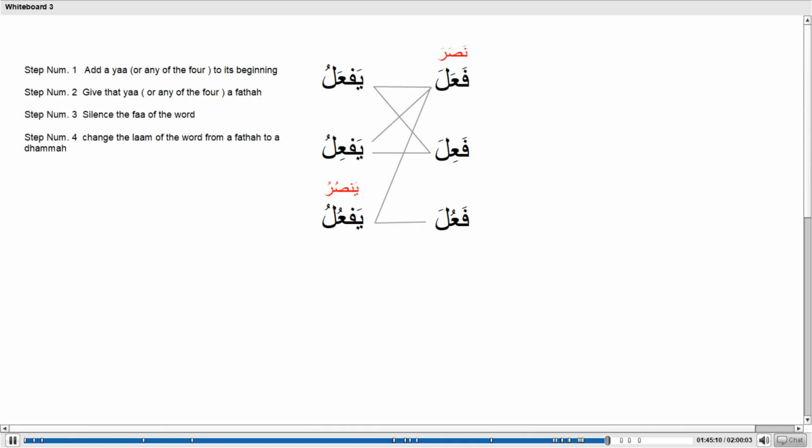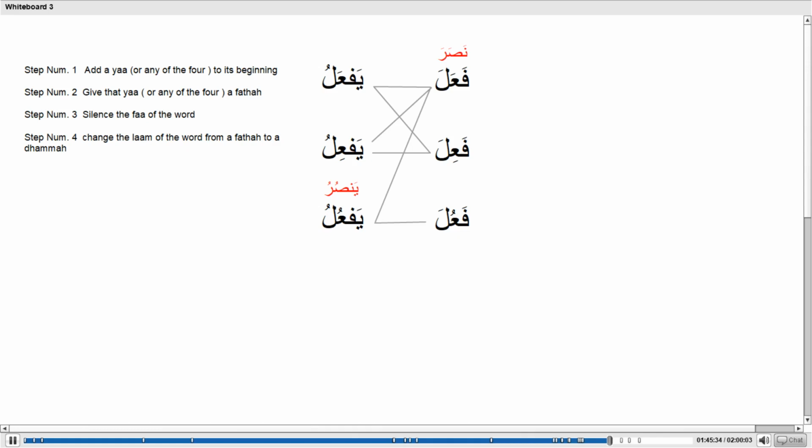Okay? However, in a lot of verbs, some verbs have certain qualities which can restrict them to a certain chapter.